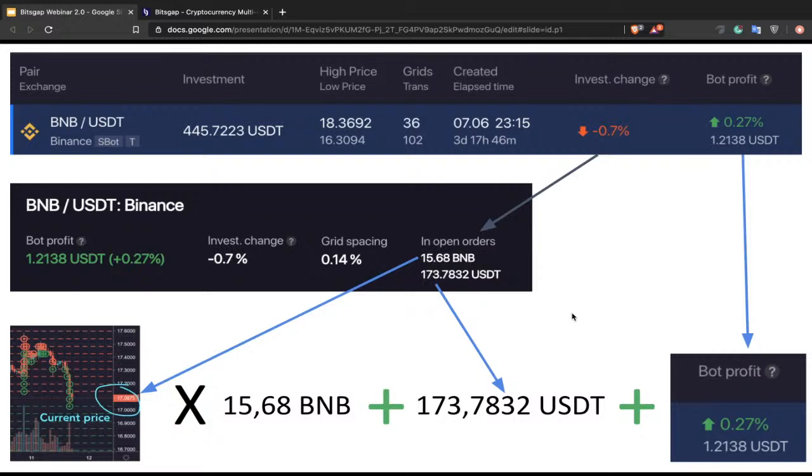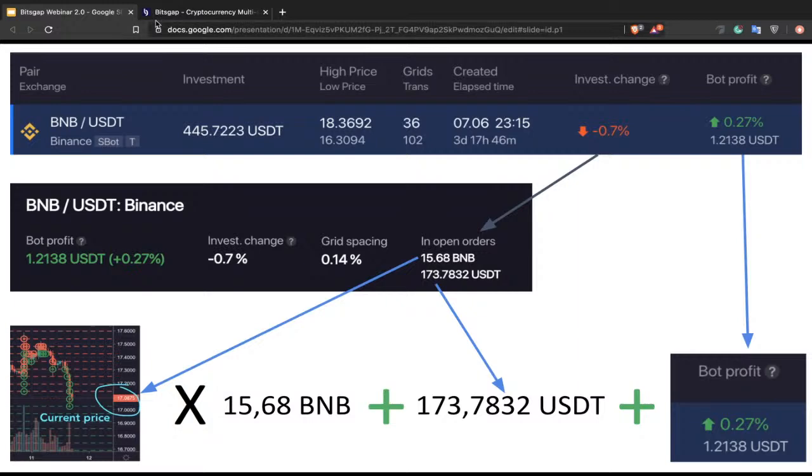And that's the current value of your investment, all right? So even though the bot profit is in the positive area, it has managed to make 0.27% in USDT, we are still in the negative return on investment zone.